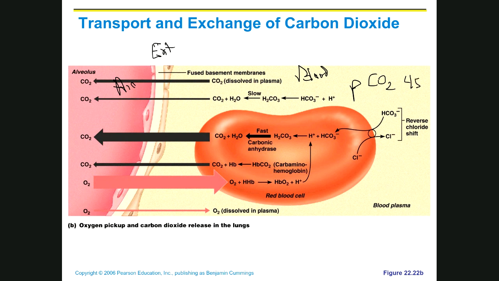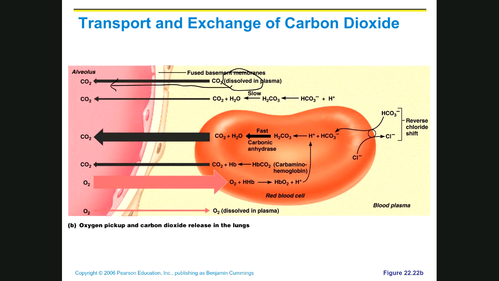The partial pressure of carbon dioxide in the air of the alveolus is 40. So we're going to go this way. So what has to happen is all of that carbon dioxide is going to head out. Well, the dissolved carbon dioxide is dissolved in the plasma. It doesn't have any problem at all. It's just dissolved. It just goes out.